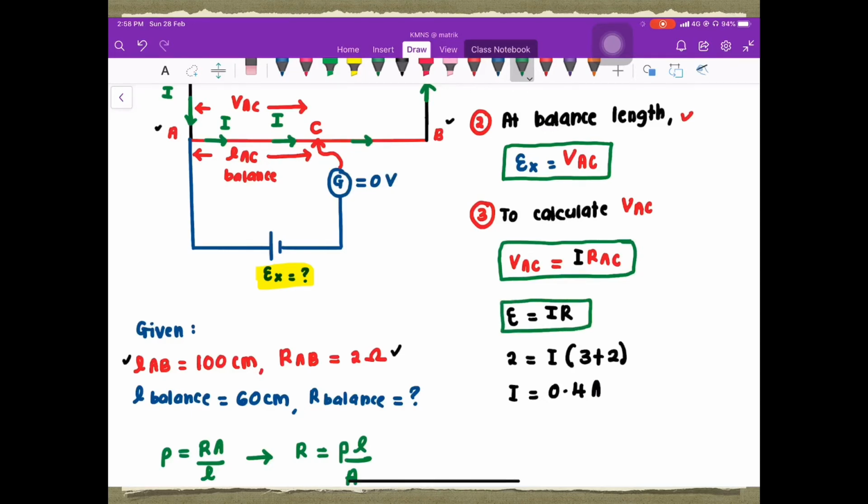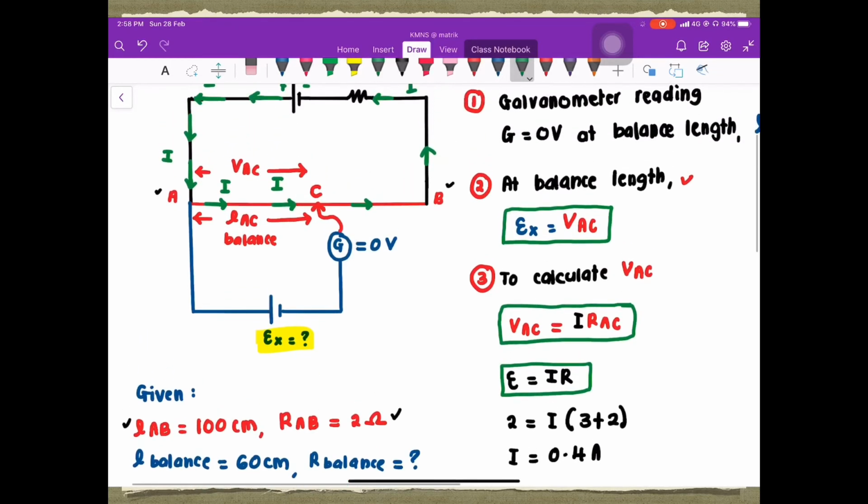Okay, refer to loop 1. Actually we have two loops, loop 1 and loop 2. This is loop 1, this is loop 2.